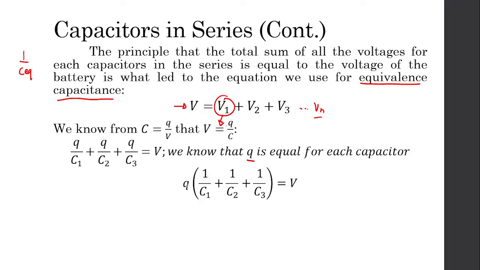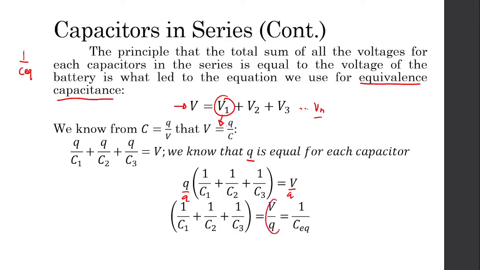If we divide both sides by Q, you would get V over Q, which is equal to 1 over equivalent capacitance. So that's how we were able to derive the equation for our equivalent capacitance. Okay, so I hope it's clear.